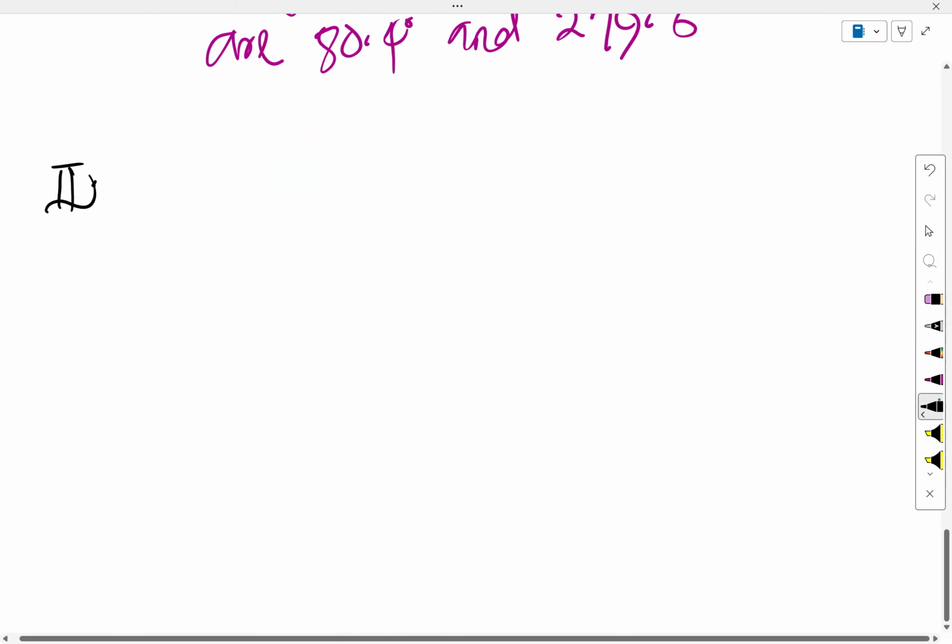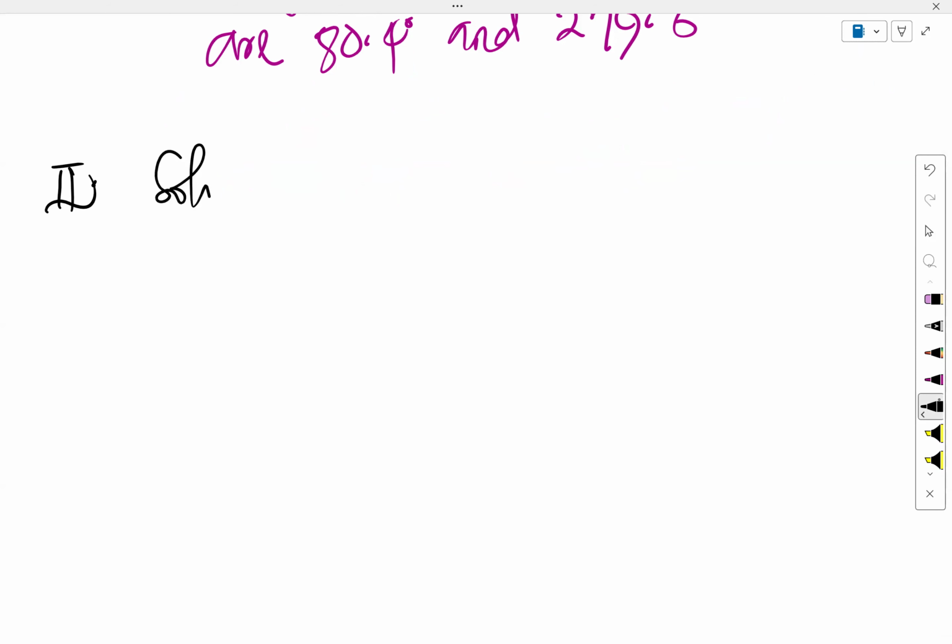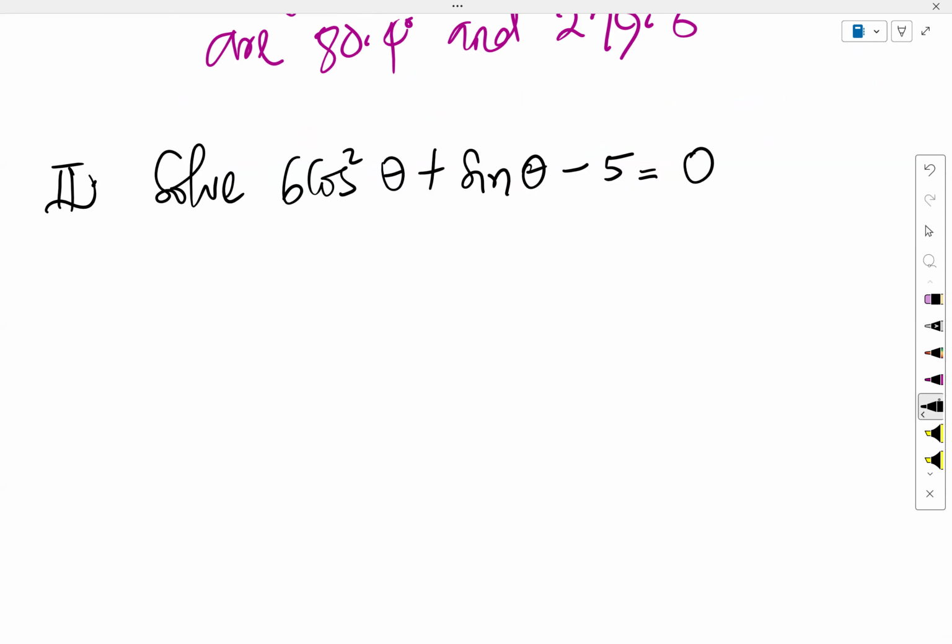The question is to solve 6 cos squared theta plus sine theta minus 5 equals 0, for 0 degrees less than or equal to theta less than or equal to 360 degrees. So it means you are basically looking for angles in all 4 quadrants that satisfy this.